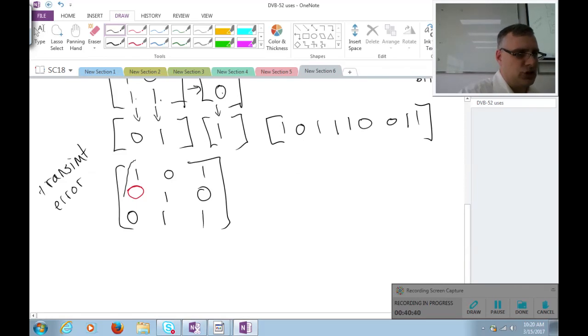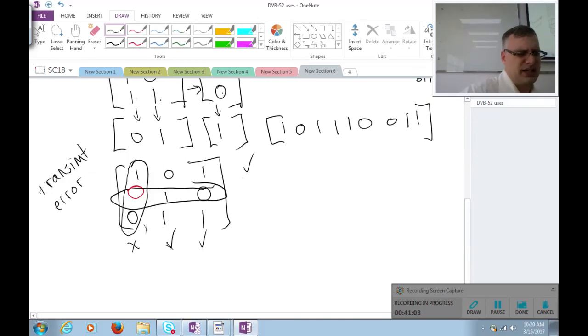Look at this. This column is in error because the parity doesn't match. This column is okay, so I'm not even going to highlight it. Let me take my highlighting off. This column is okay here. This is the one in error. Now when I look down the rows, I see that this column is okay.